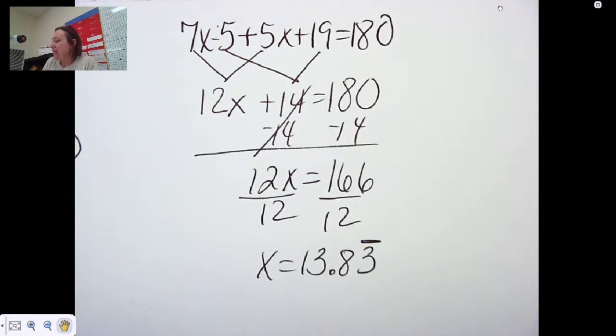Okay, y'all try 10. Let's see if y'all can do 10. Well, they could have made this graph.